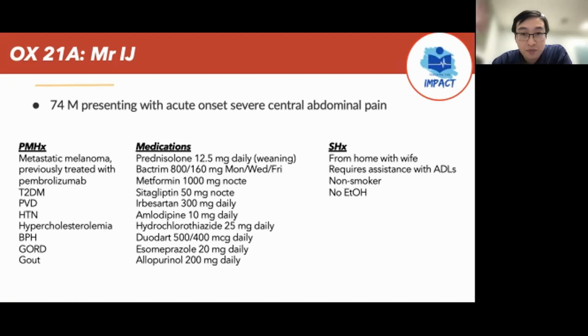The medications are listed. And again, for those who attended the Gen Med ward round, sorry for asking the same question, but why is this patient on Bactrim? Good. Whenever you see Bactrim and this Monday, Wednesday, Friday routine, it means it's for PJP prophylaxis.